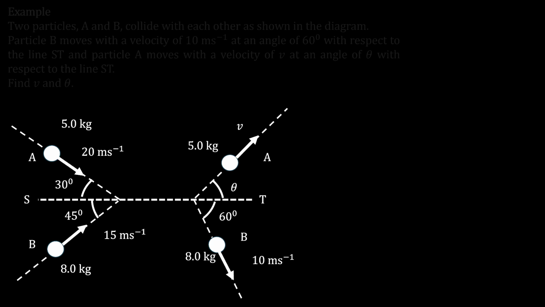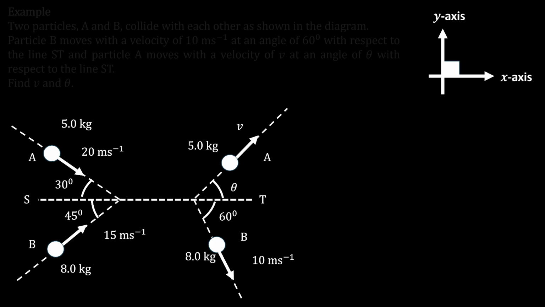The first thing to do here is to place two perpendicular axes, the x-axis and the y-axis, pointed as shown. Then we write the conservation of momentum along the two perpendicular axes.